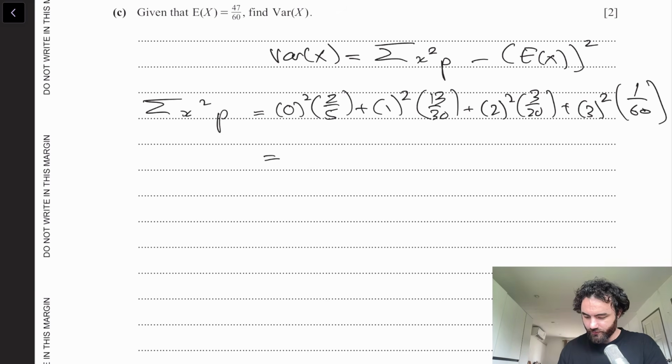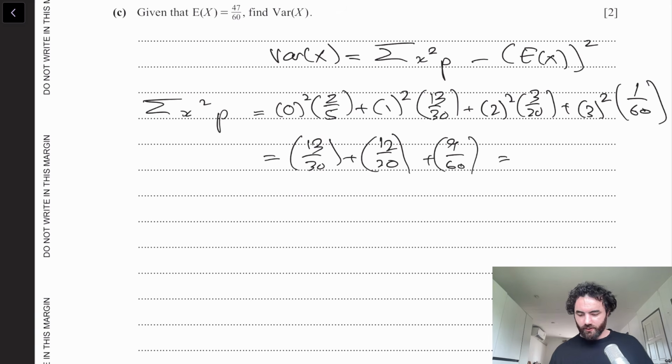So equals 13 over 30 plus 4 times 3 is 12, so 12 over 20 plus 9 over 60.